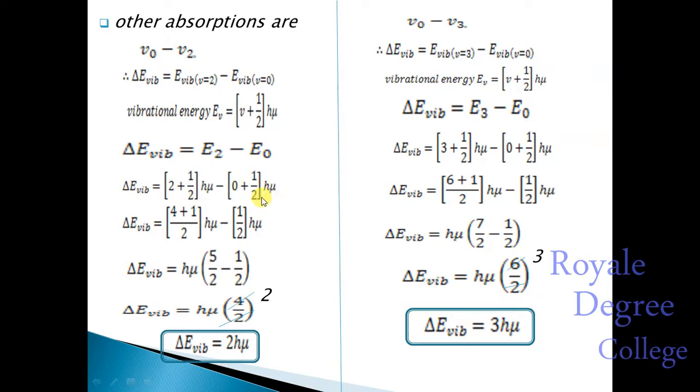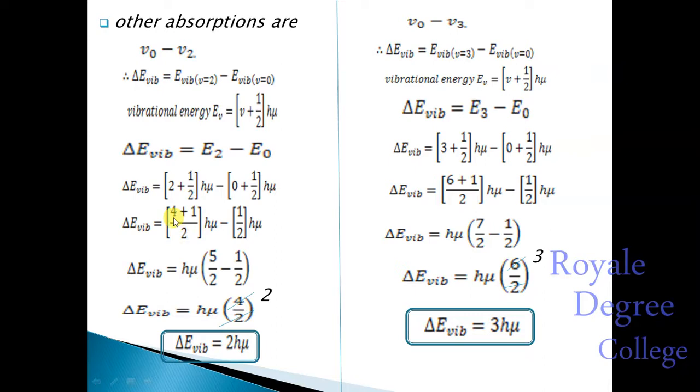In the next step, 2 into 2, 2 twos are 4, plus 1 by 2, h mu, then minus 0 plus half, you will get half h mu. Then in the next step, first of all we take h mu as common.